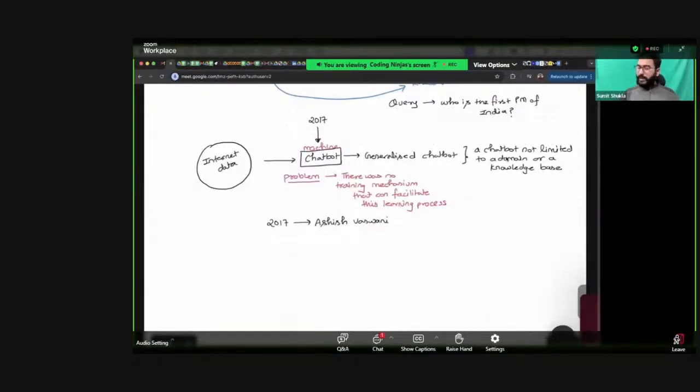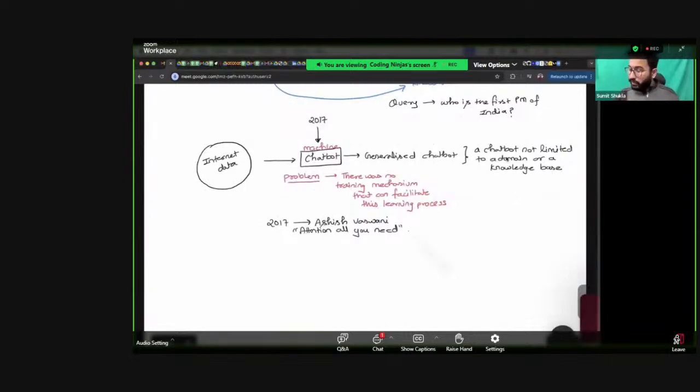This person wrote a paper which was named "Attention Is All You Need." And this paper actually helped the entire scientist industry, or everyone who was trying to solve this problem, with the answer.